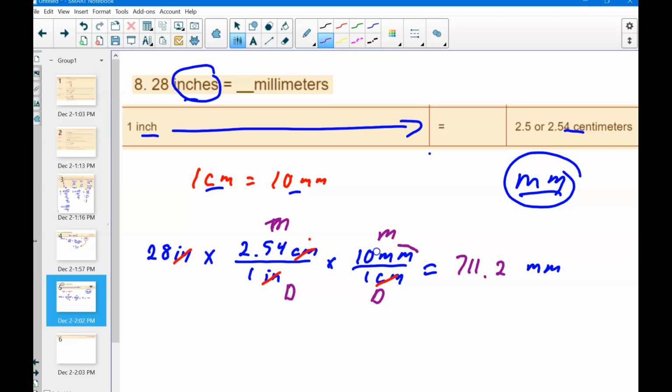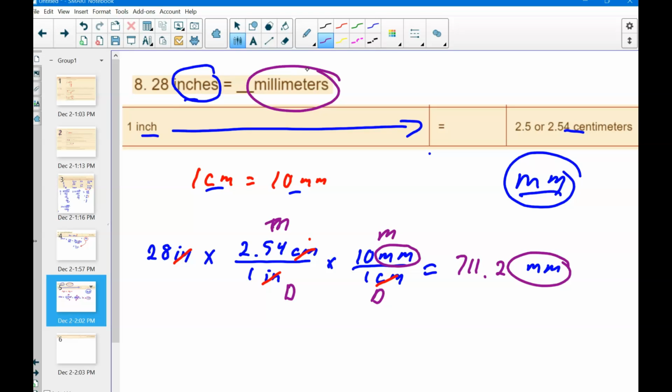And the units are left in millimeters, which is what we're looking for. The chances are we're correct. This is such a powerful tool that if you don't know how to get the answer, you can find the answer by manipulating the equivalence pieces and the units.